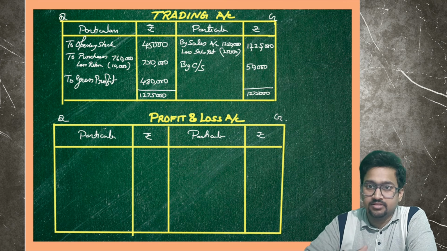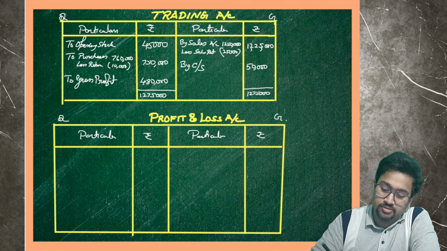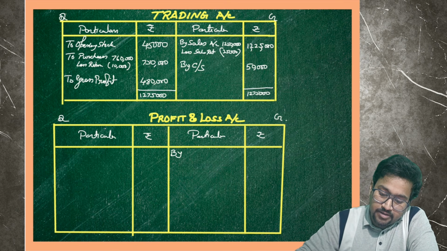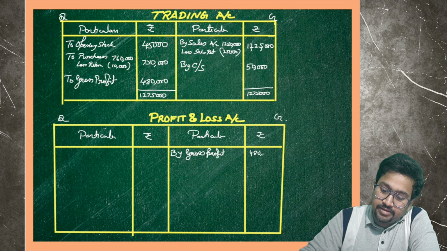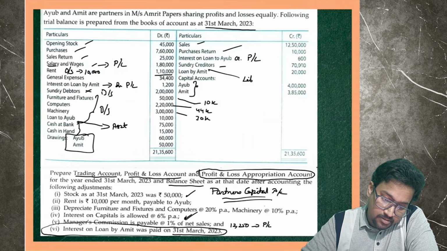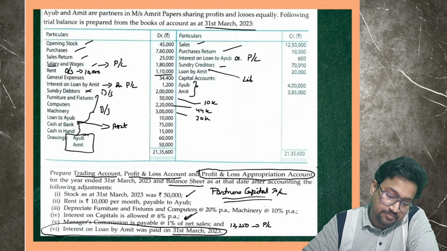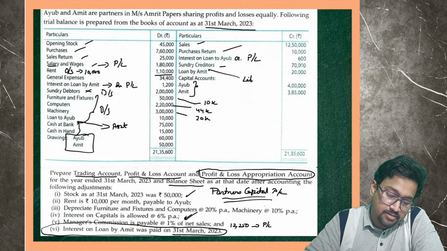Now whatever gross profit has come in the trading account, the same will be transferred to the profit and loss account. So we'll write it over here, by gross profit, 4,80,000. Then we have salary and wages, rent.